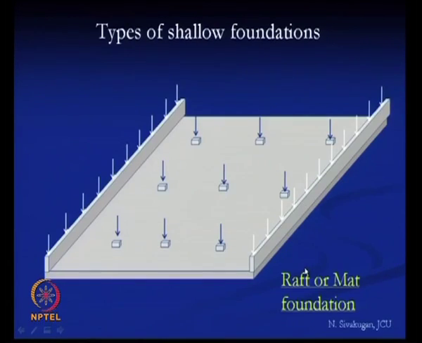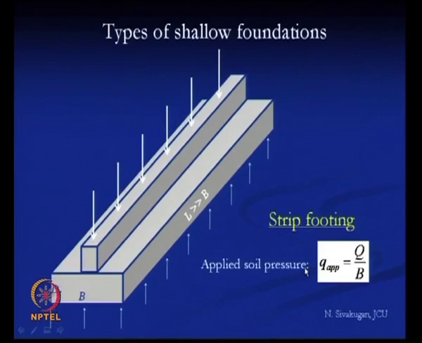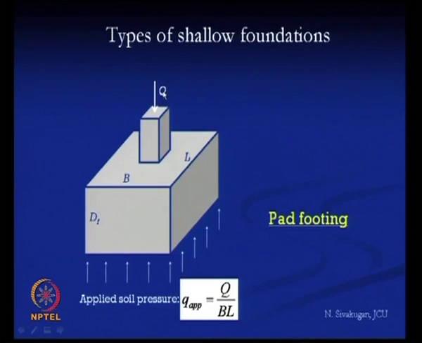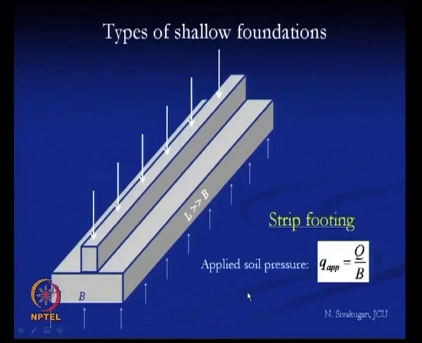But in the previous case, if the load is in kilonewton and B and L are in meter, then this will be kilonewton per meter square. So, this is the strip footing where L is much greater than B.